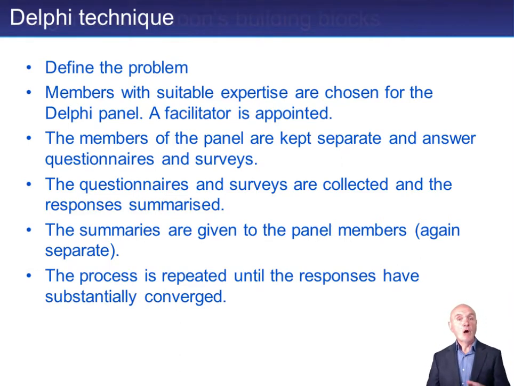You can also have open-ended areas for comments about maybe justifying why you've said something. So this is all done anonymously, at least anonymous from other panel members, so everyone feels free to express their true opinion.